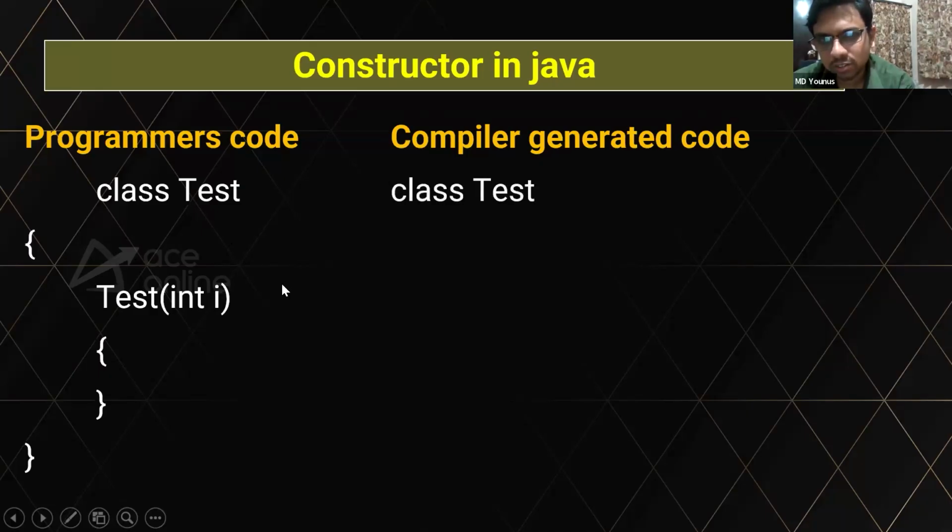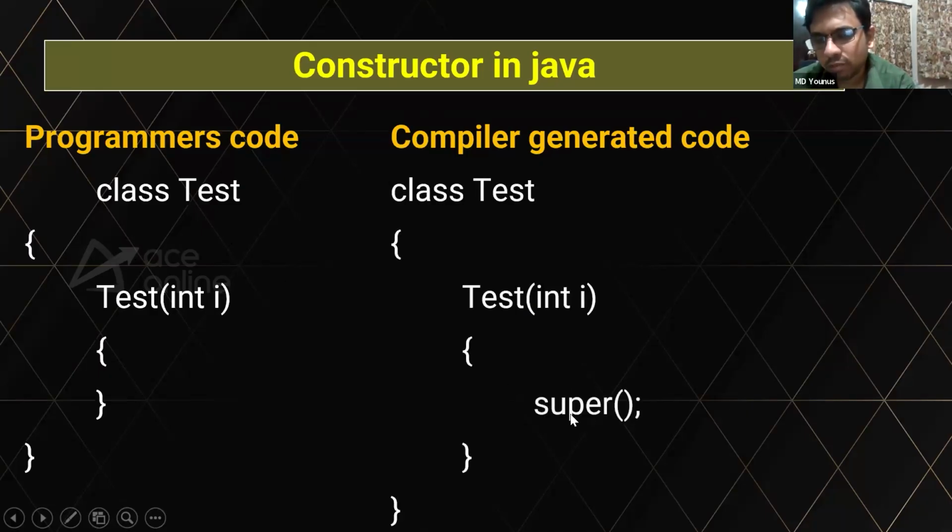The super keyword. Very nice. Because I told you, if you don't write the super keyword, it will always be added as the very first line in the constructor, whether it is user defined or the default one. The super keyword will definitely be added because it has to call the parent class object first.